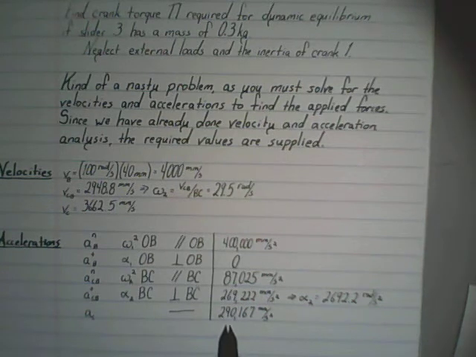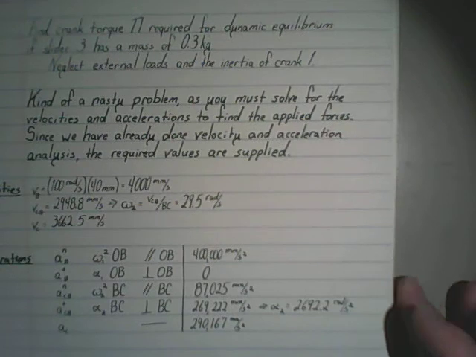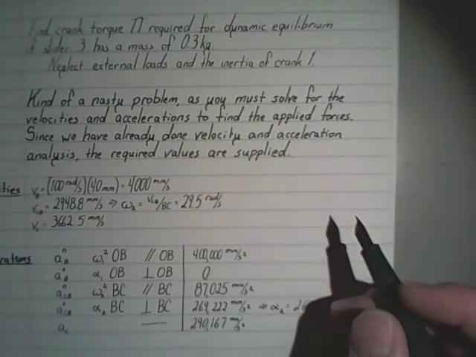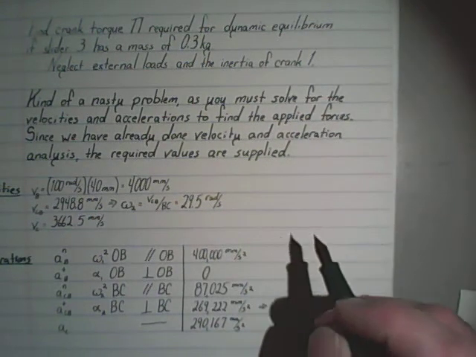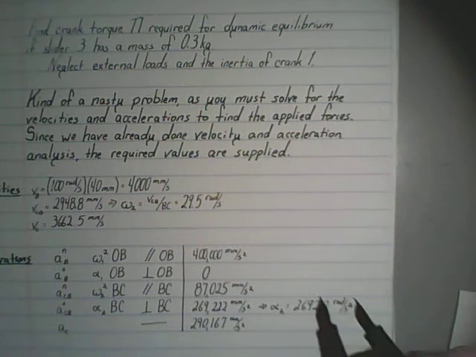The linear acceleration of the piston is 290,167 millimeters per second squared. And the final thing we're going to need is the linear acceleration of the conrod in order to figure out what kind of inertial forces it will be generating. To get the linear acceleration of the conrod, we need to get the actual acceleration vector. Because I did this on the computer, I don't have it on a sheet of paper to show you, so I'm just going to sketch it out.